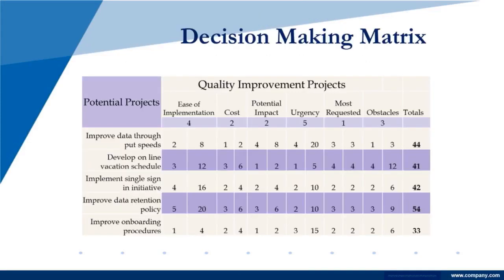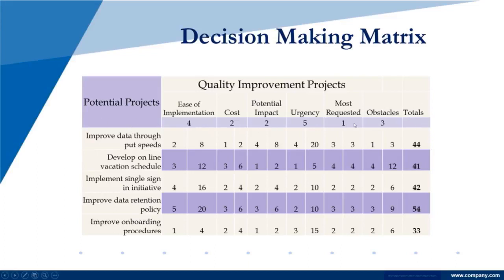Now, this is a matrix of decision making. Sometimes there are projects that we have, and we need to decide which one we want to do. Of the potential projects we see over here, we have different criteria: ease of implementation, cost, potential impact, urgency, most requested, obstacles, and then there's some totals.